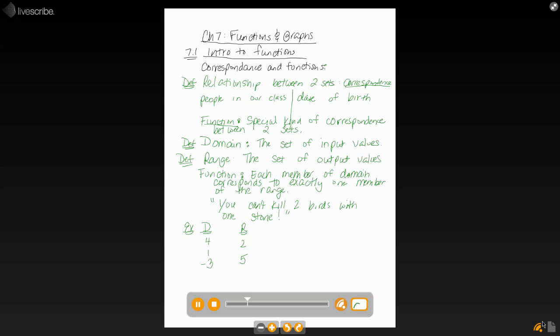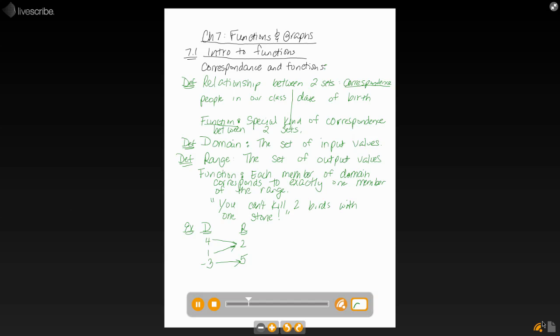And my correspondences are as such. 4 corresponds to 2. 1 corresponds to 2. And -3 corresponds to 5.